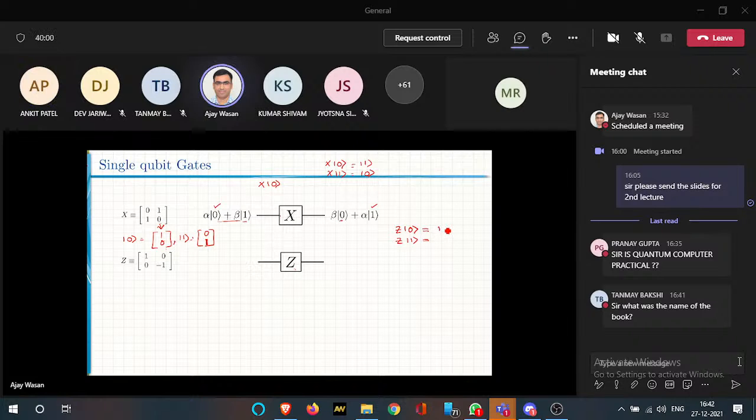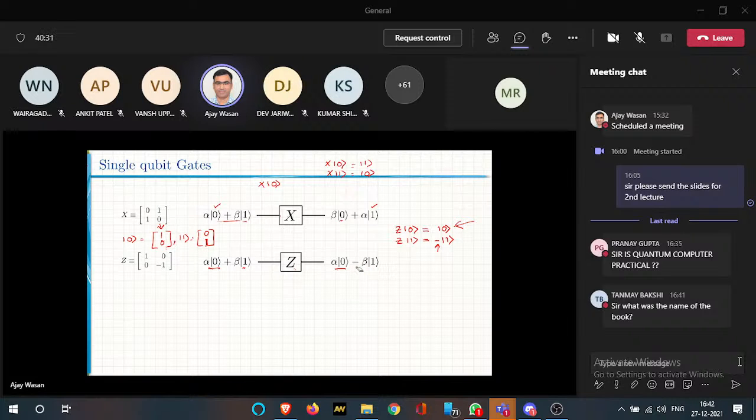No, why only 0 will come? Z1 is minus 1. Yes, very good. So basically one phase is coming here. Many times we call it the phase gate also. So when we apply it on alpha 0 plus beta 1, you can see immediately that where 1 is, it becomes minus.